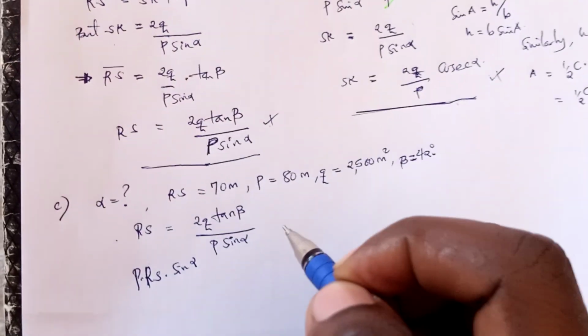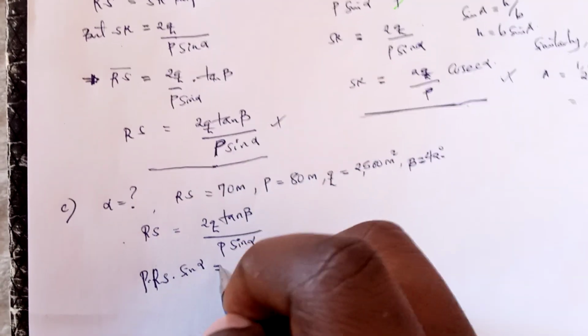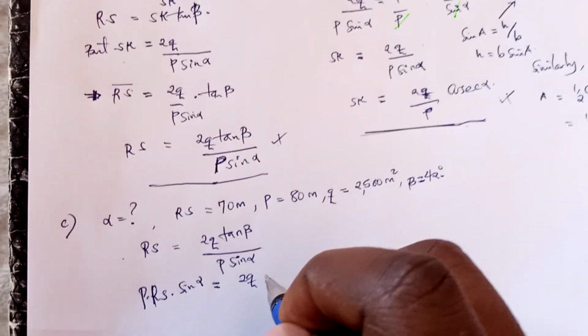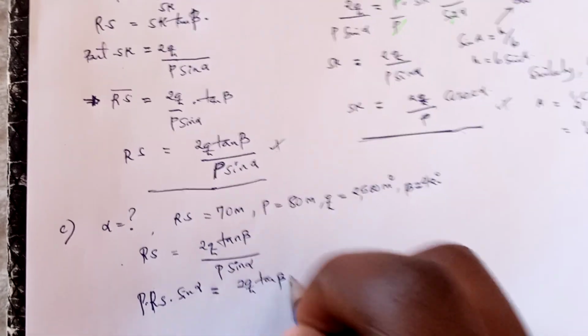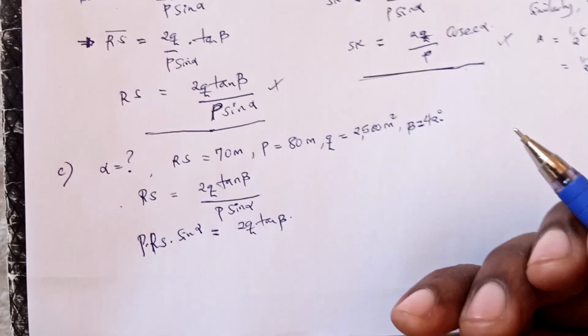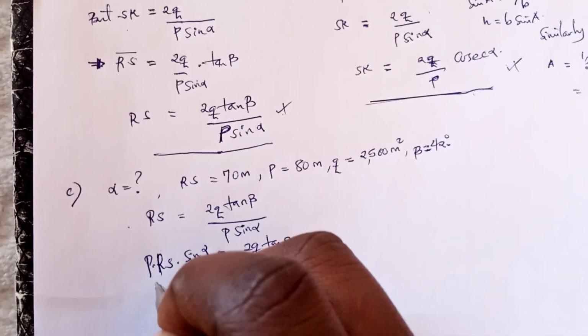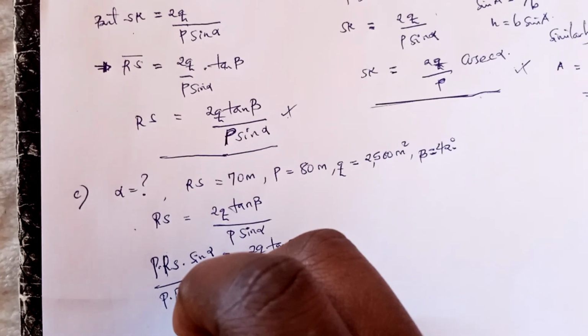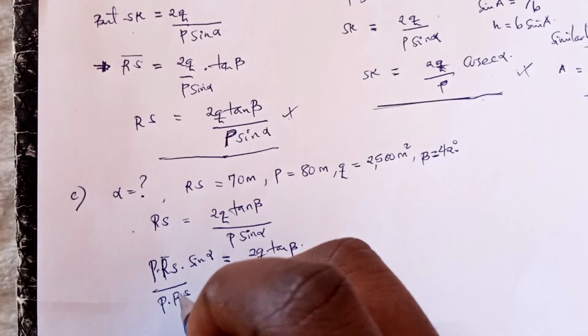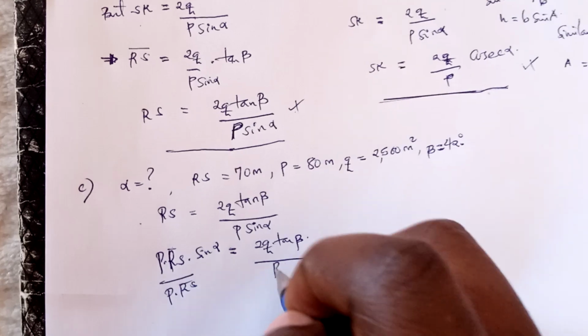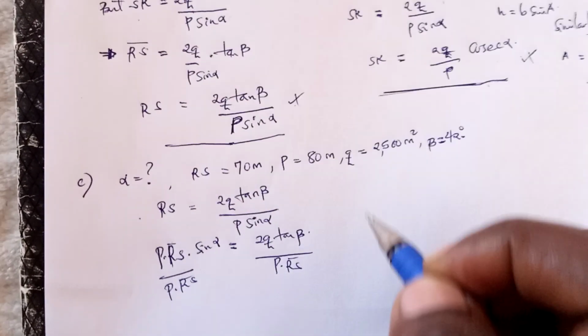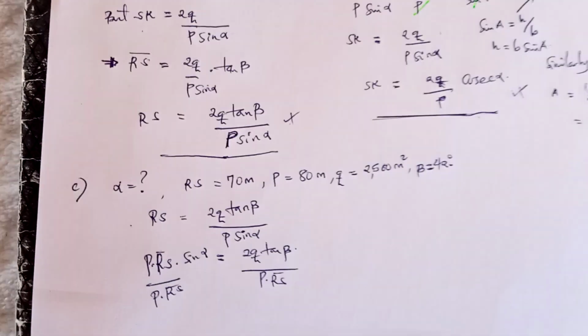I've cross multiplied. This entire thing is 2q tan beta. I know you're not happy, but I'm going to substitute these guys after. Divide by P times RS. You may put this if you want. By P times RS. Therefore, these guys are going to cancel.